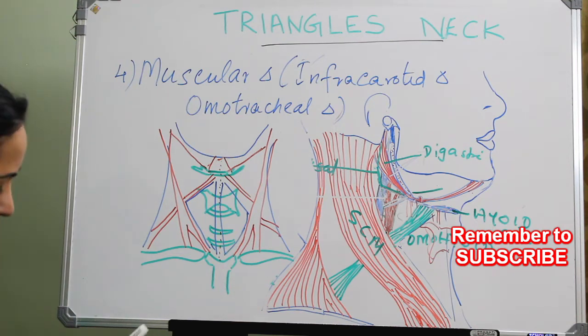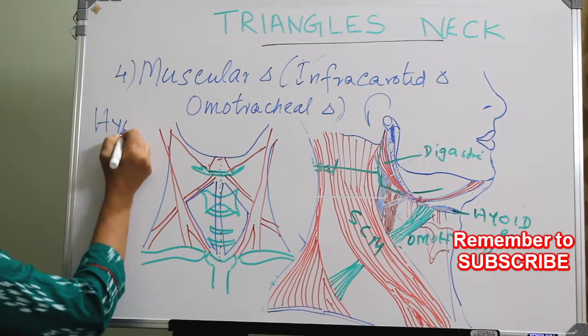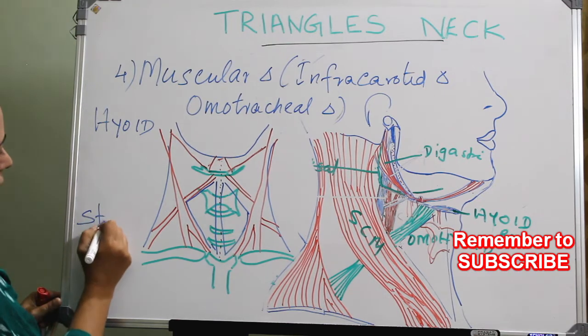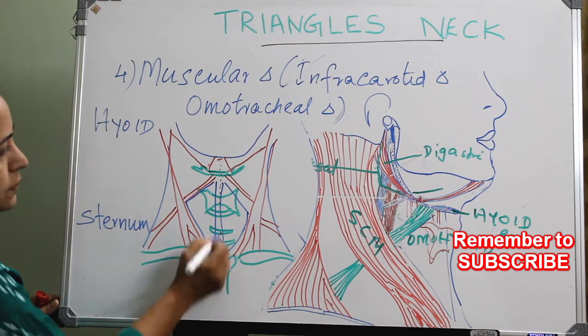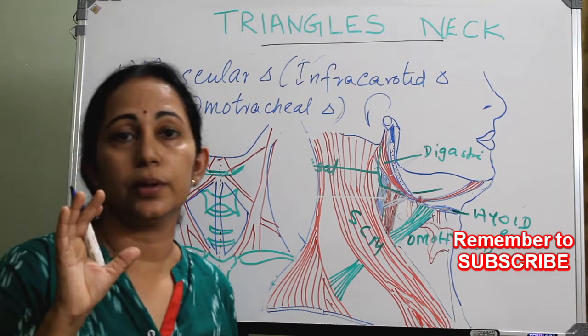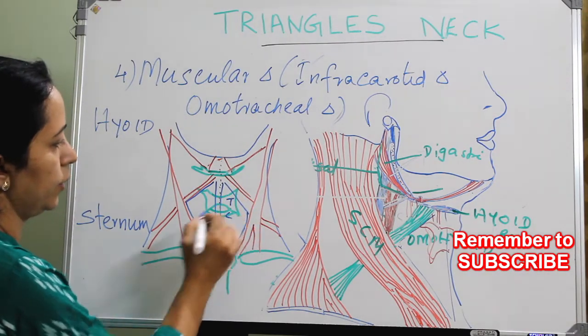We have two landmarks here. One is the hyoid bone and another one is the sternum, right? Hyoid bone up to the sternum. So what are the muscles going between? And here is the thyroid cartilage and the cricoid cartilage.